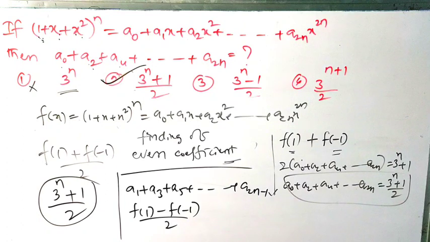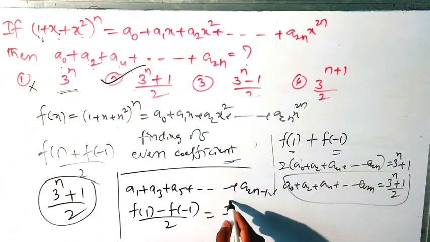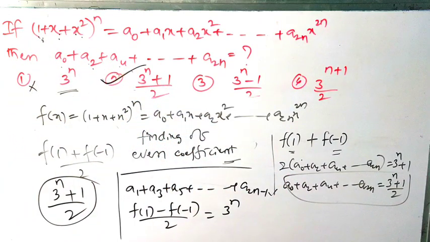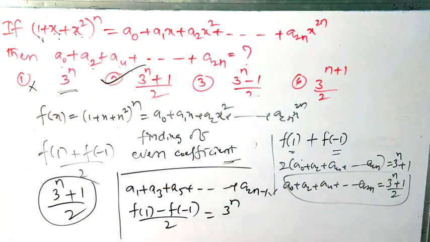What is f of 1? Again we get 3 power of n. F of minus 1, 1 minus 1 plus of minus 1 whole square, is nothing but 1 power of n, which is 1, divided by 2.